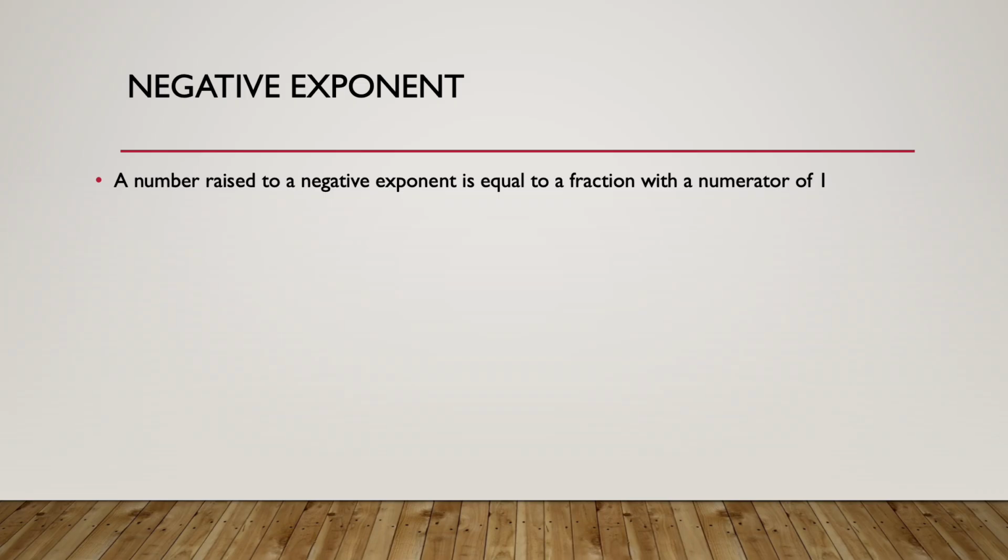A number raised to a negative exponent is equal to a fraction with a numerator of 1. What does this mean? I don't know about you, but when I read this the first time, I felt like, okay, what is this? It was confusing me, it is a long sentence, and sometimes my English is not good, so I have an understanding problem too. So let's see, what does this mean?